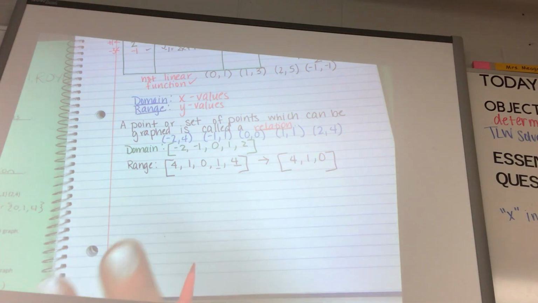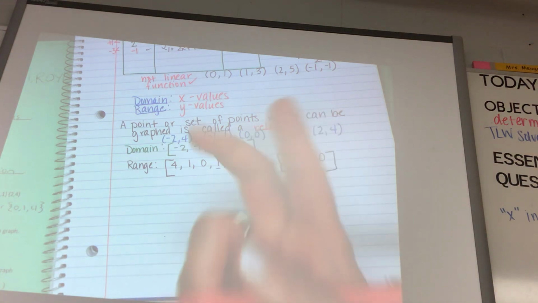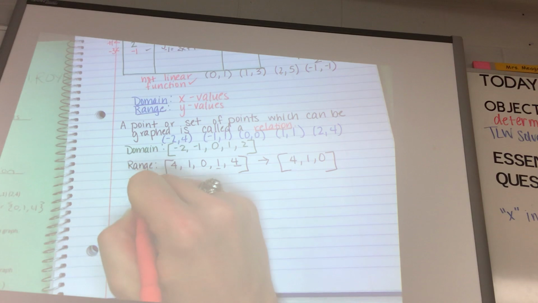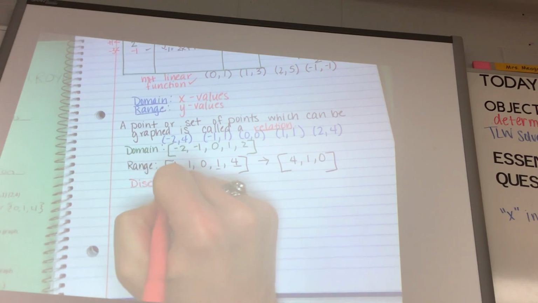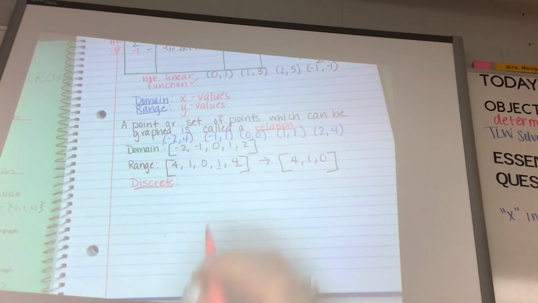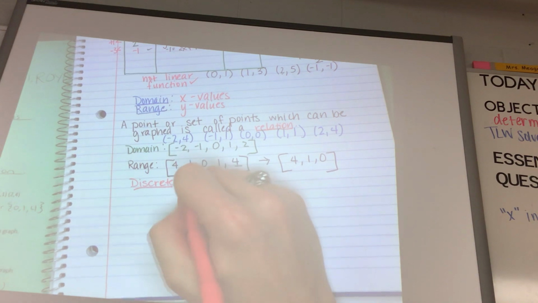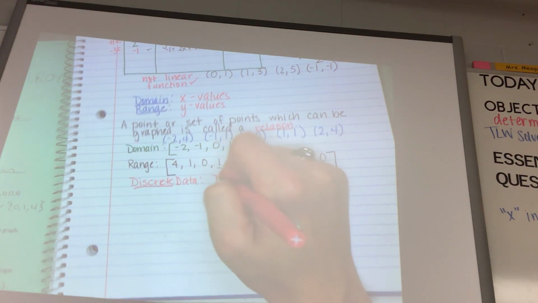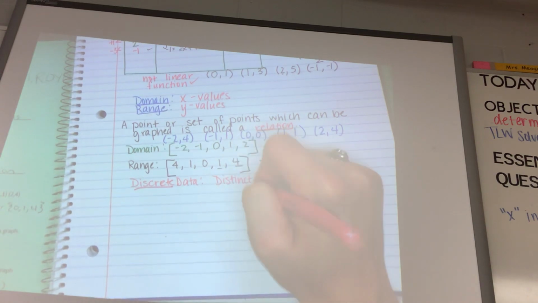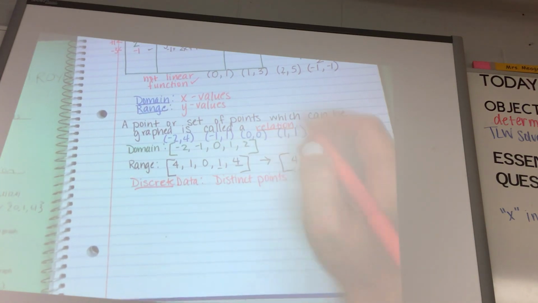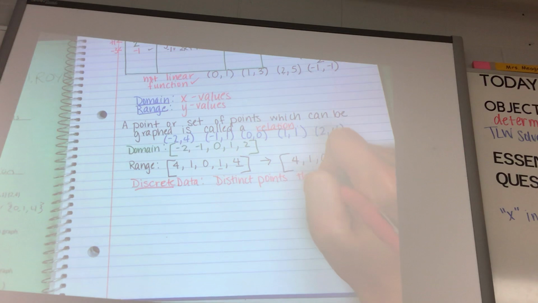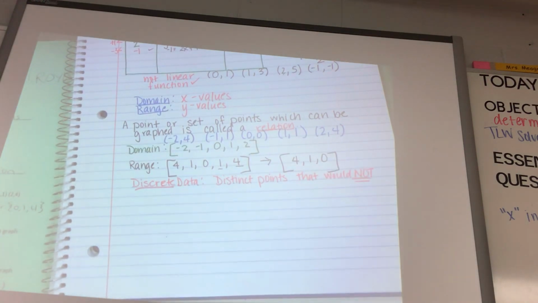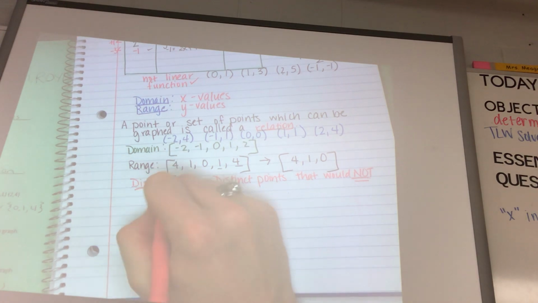So let's figure out what is discrete. Let's write this down first. Discrete data is distinct points that would not, and underline that twice, would not be connected on a graph.